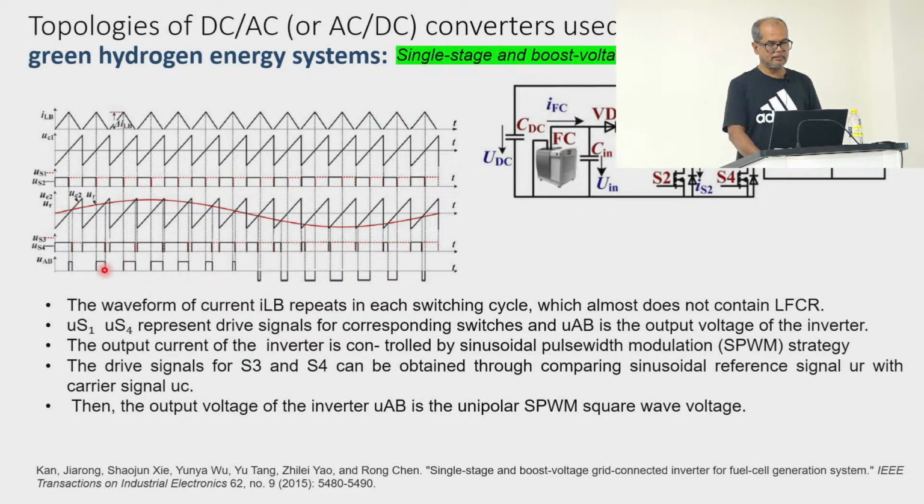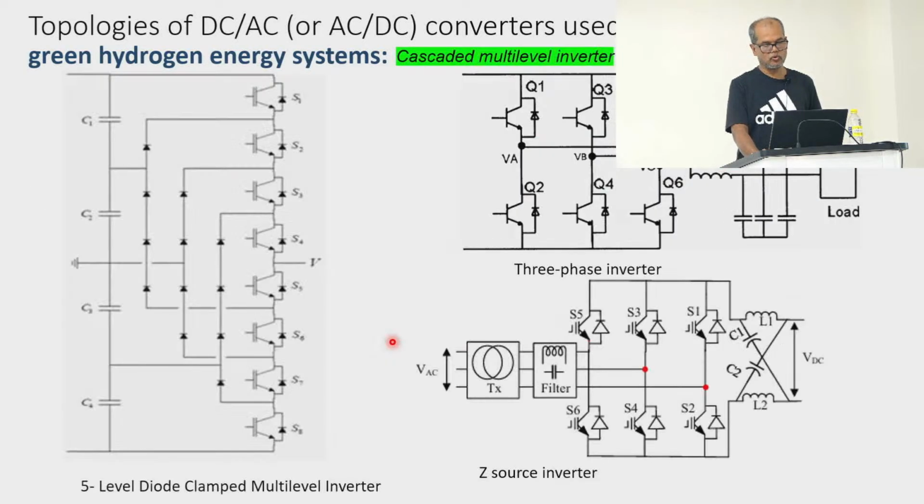But again, what we get as output is not exactly a sine wave. You get a square wave, but when you use a 3-phase multi-stage, you will still have some harmonics, but you can get closer to the sine wave.